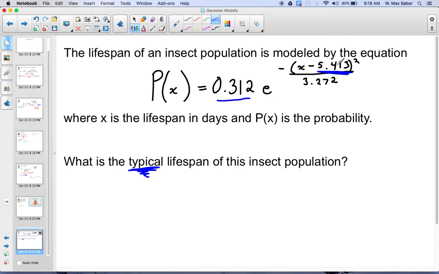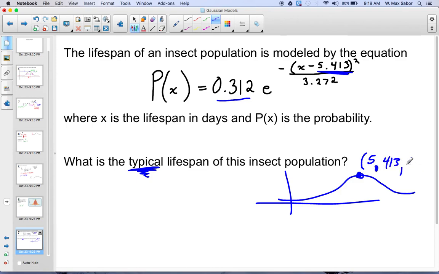So that is our horizontal shift. If we were to graph this point over here, this maximum value would be 5.413, comma 0.312. And so what's the typical value? Just like in the previous problem, it's going to be our x-coordinate, 5.413, and the unit was days.